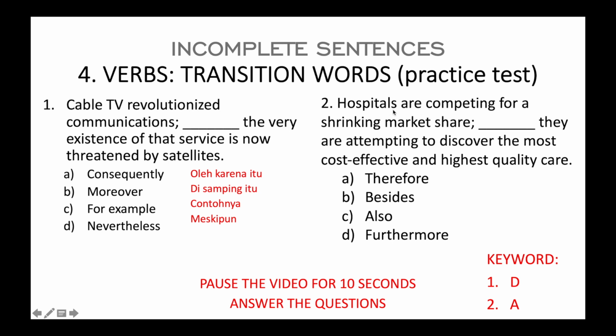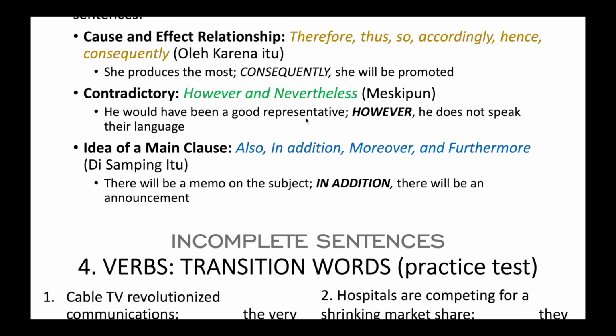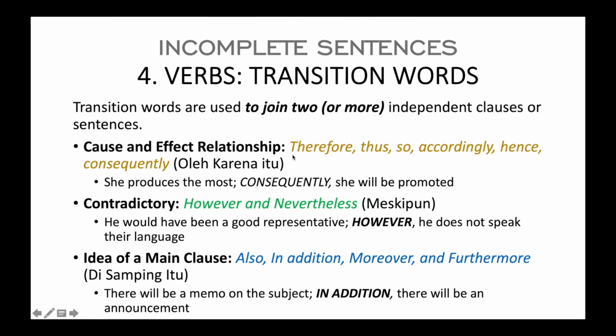Number two, it would be dealing with hospitals are competing for a shrinking market share, blah blah blah. They are attempting to discover the most cost-effective and highest quality share. So in this case, you should find it using therefore, because it deals with the cause and effect, just like this one.